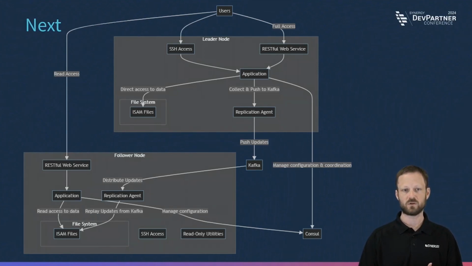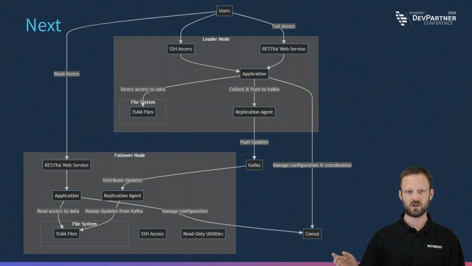Users in this mode are accessing your application over SSH probably. And so they need to connect into the current leader node. They can go run your application. They do everything in there. The application is going to have direct file system access.